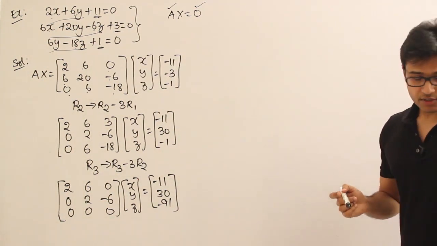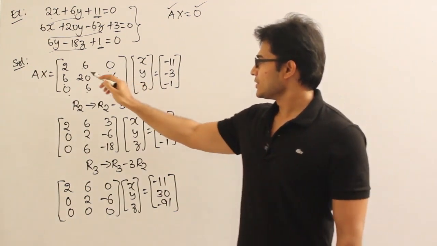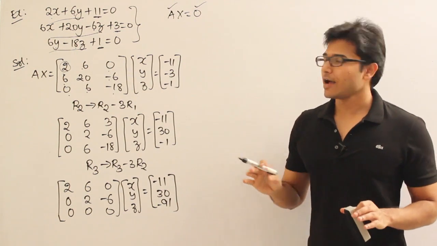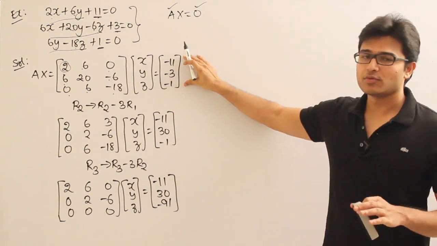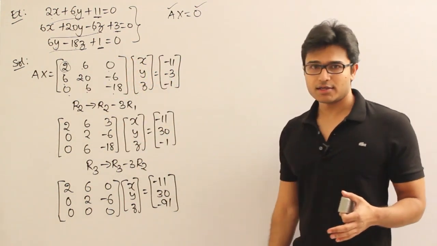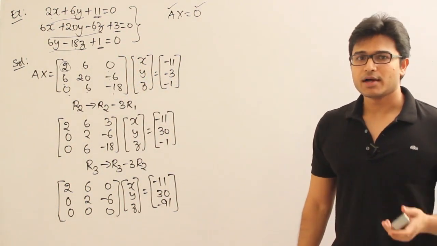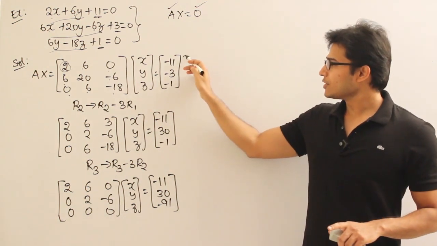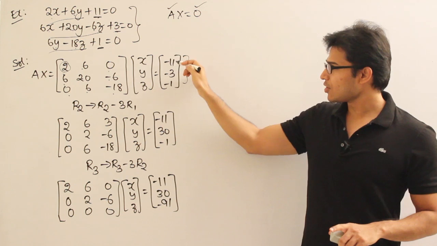Now after that, what I am going to do is convert this matrix A into echelon form. Earlier when we were applying the transformations, we never worried about the B matrix because it was all zeros.